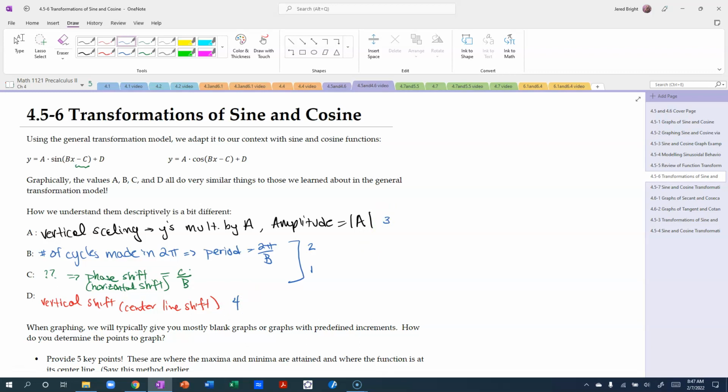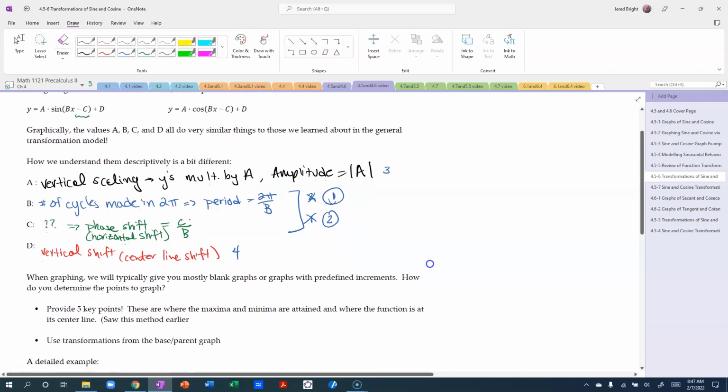Now, in practice, it's really weird, but we do this first. We incorporate the cycles, or the period aspect, first, and then we shift. Otherwise, we just need to make sure that what we have is ultimately the same as what Desmos might give us, for instance.